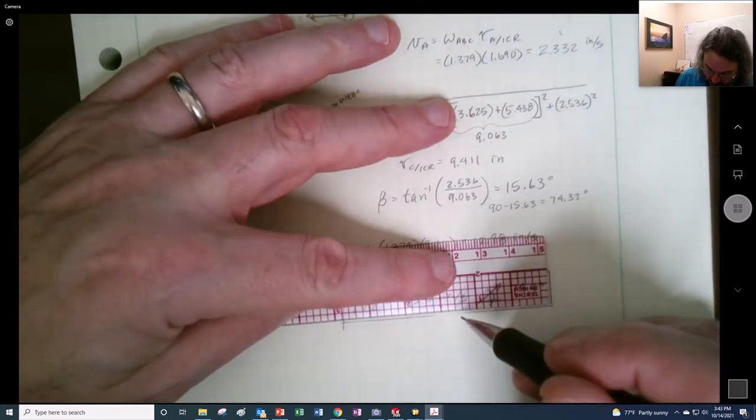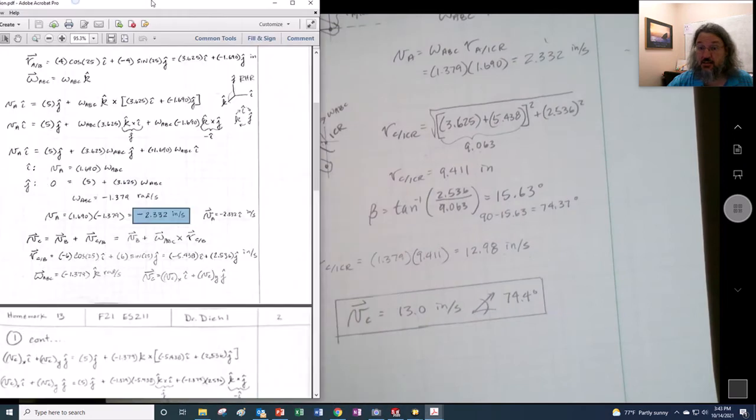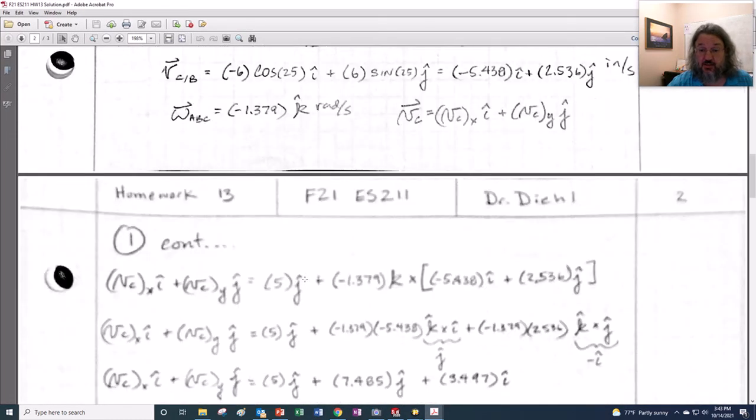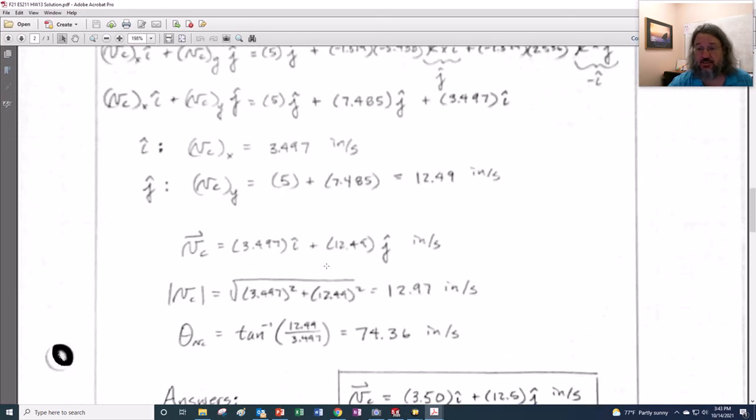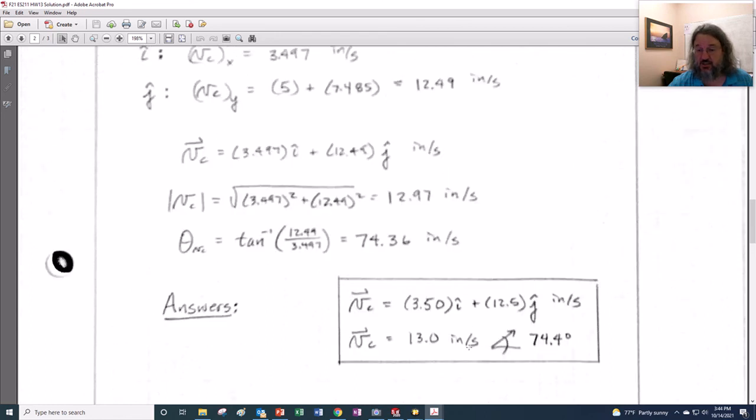Why didn't that work? What's going on? And take a look. This is not a good scan. This is a terrible scan. I got to rescan this. I accidentally, but you can see that's what I got. 13 inches per second, 74.4.